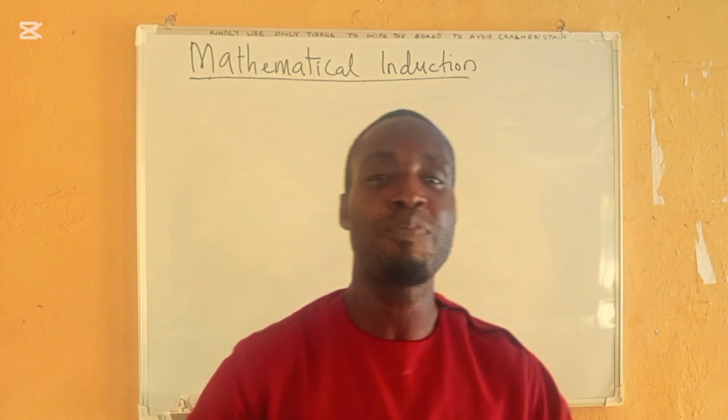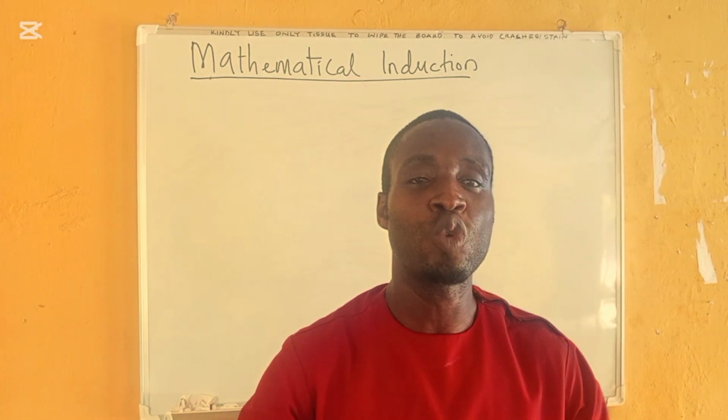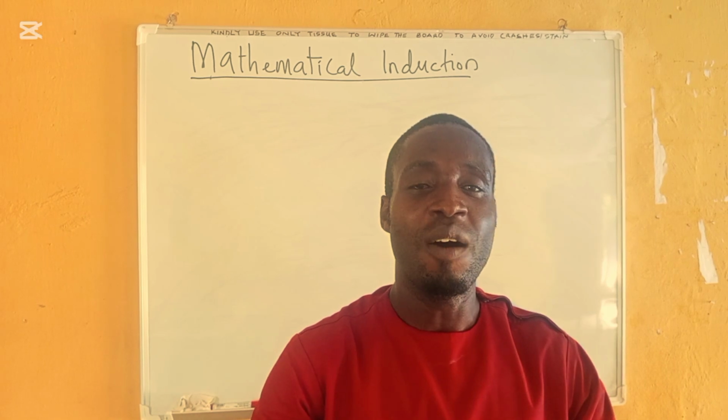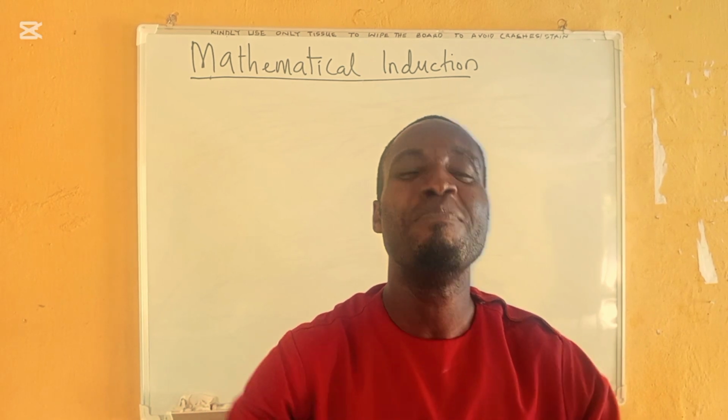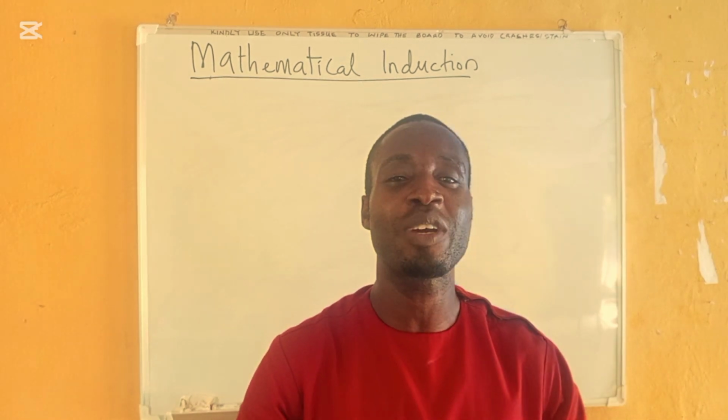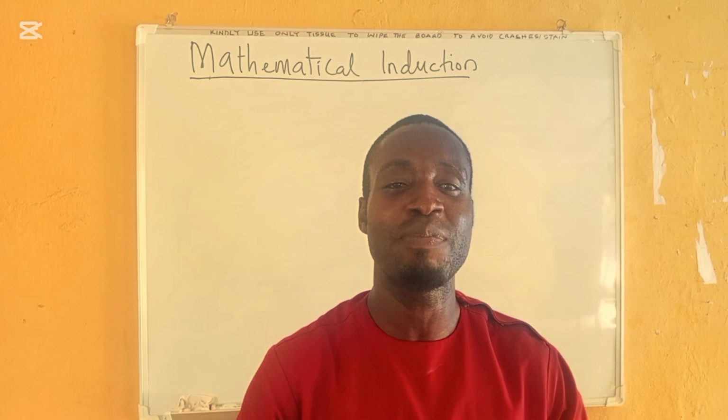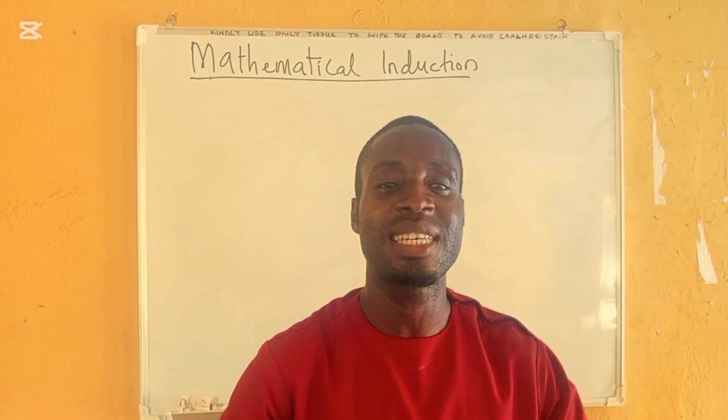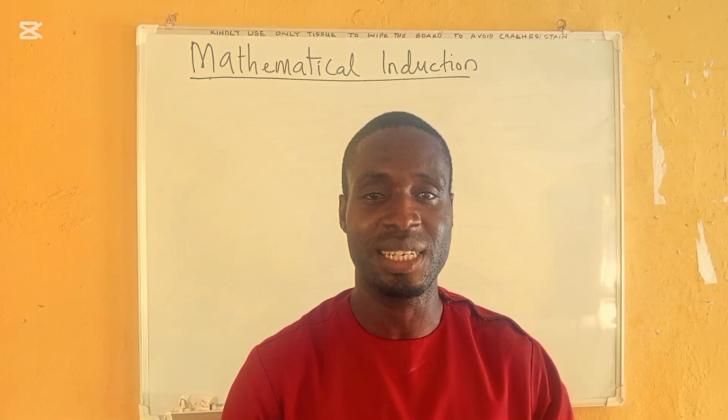Mathematical induction is a proof technique used to validate or prove the validity of a mathematical statement. Now, when we talk about a mathematical statement, we are talking about statements that have to do with mathematics.